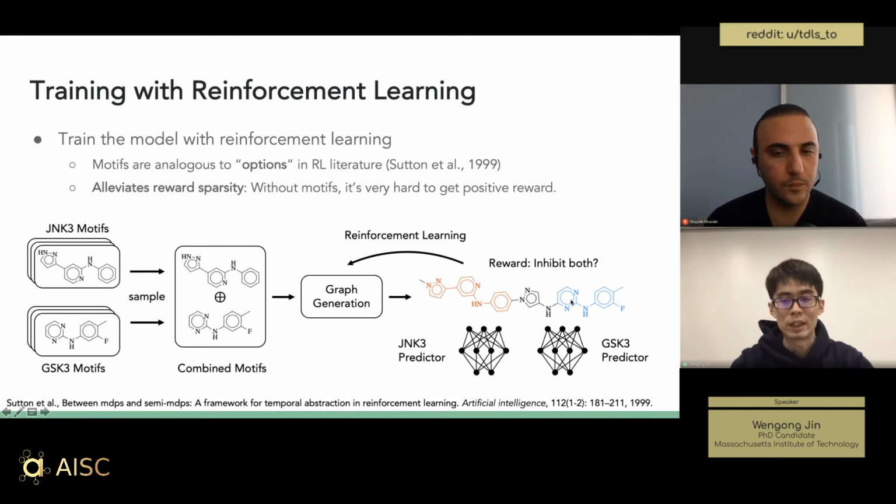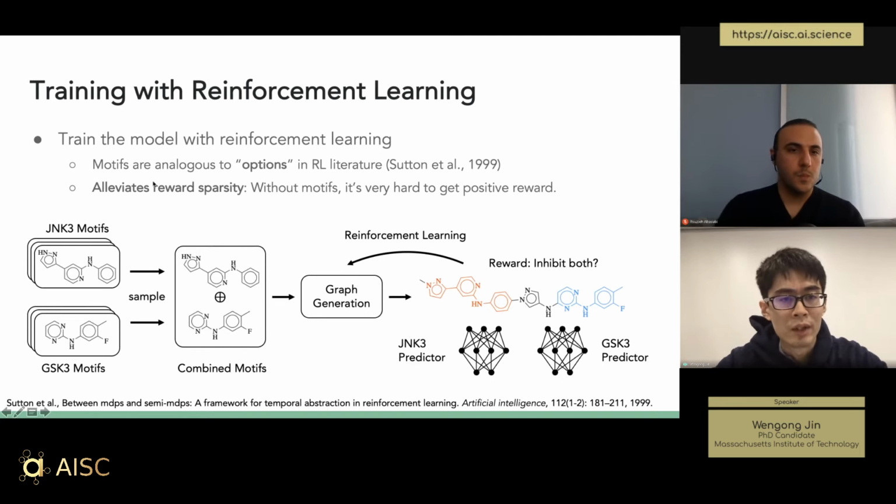The reward is whether this full molecule inhibits both JNK3 and GSK3, and I can train the whole model using reinforcement learning. Compared to previous methods, this model is advantageous because it alleviates reward sparsity.